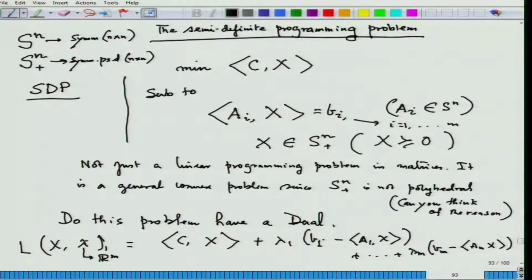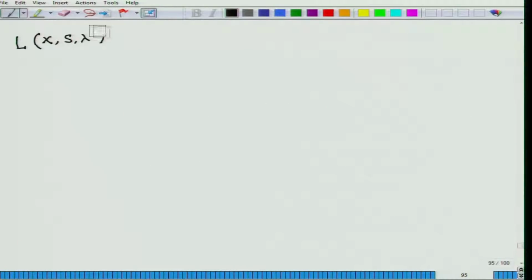Now, I can construct another Lagrangian. This is in Sn, this is in Sn plus, and this is in Rm.